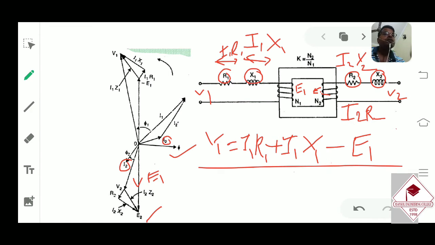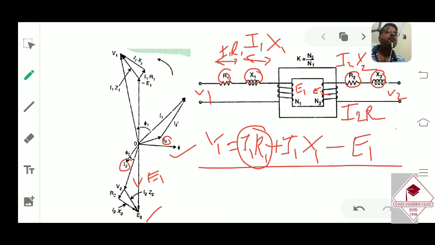So this equation should be represented in the phasor diagram. Suppose E1 is here, so what should I do to get minus E1? I will just reverse it. So here I am getting this minus E1. Okay, fine. Now from minus E1 I will add this I1 R1 first. So where should I1 R1 be? This is the question.